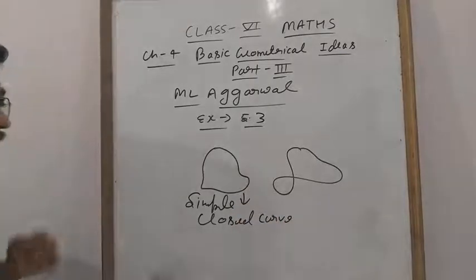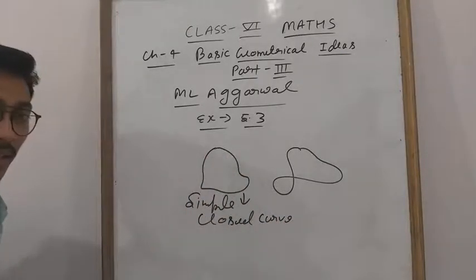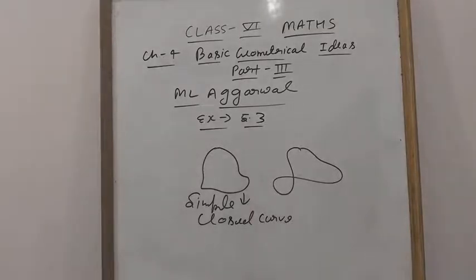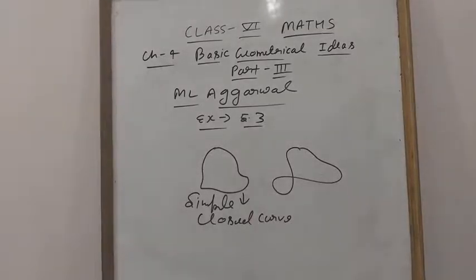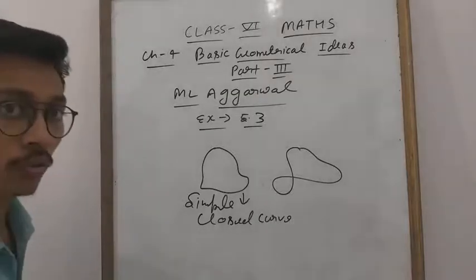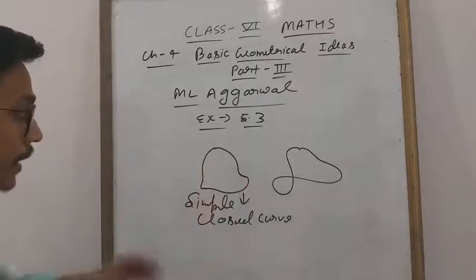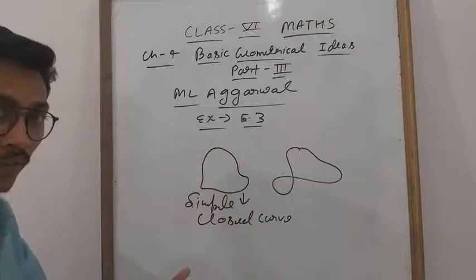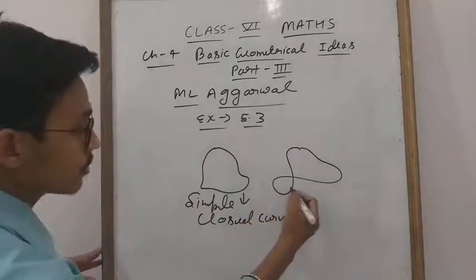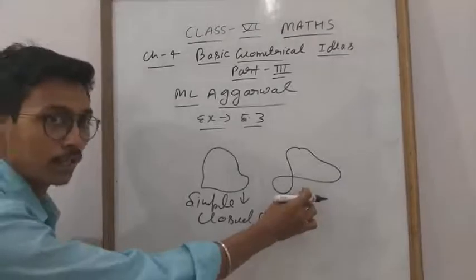Why? Because there is no point of intersection. What is the meaning of this? If anyone asks you what a simple closed curve is, you will say that it does not pass through itself.